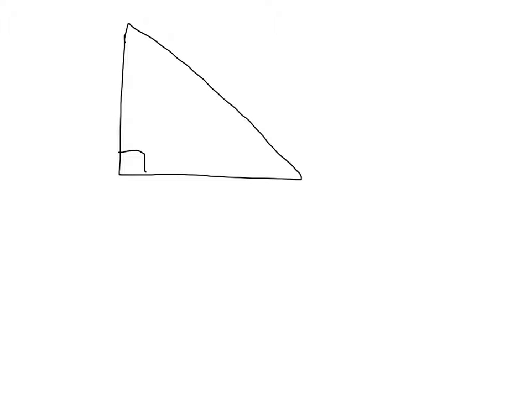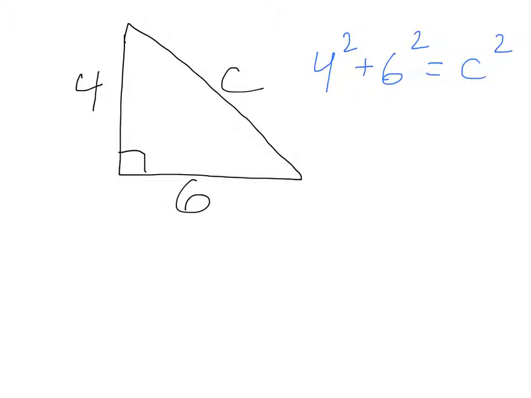Let's say I give you 4, 6, and c. I want to know what is c. We're going to work this one together. So, what would I do? 4 squared plus 6 squared equals c squared.